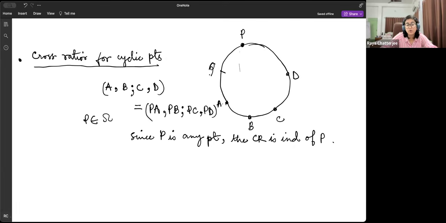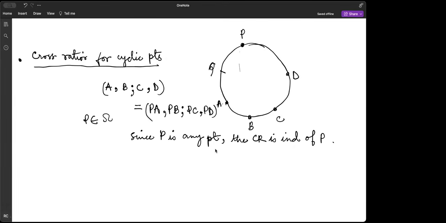Because just take a point Q here and the cross ratio will be totally different according to the claim that you have made. So does that make sense, that it will be independent of Q and P, whatever point we are taking it from, whatever perspectivity we're looking from? Is that clear?